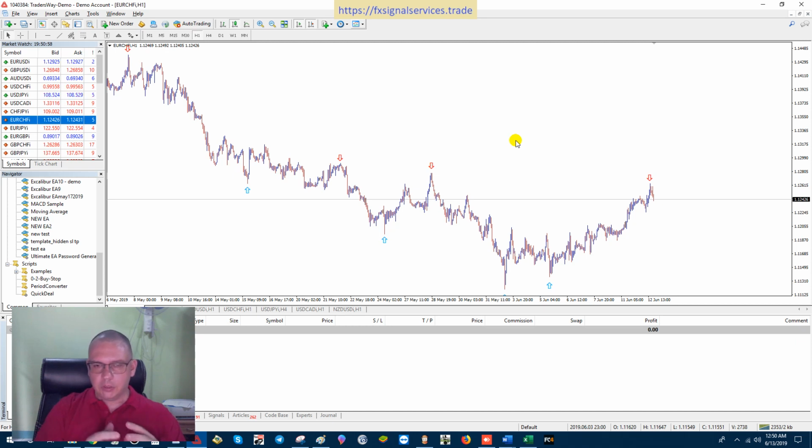Okay, so what I like to do is start with the higher time frames and then compare it to the smaller time frames, and then I can either set a pending order, or I can go ahead and just place a trade based on what the larger time frame is doing compared to the smaller time frame.